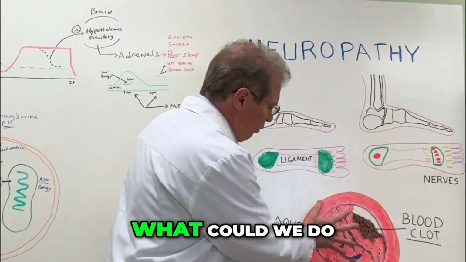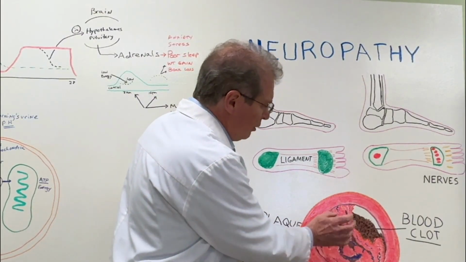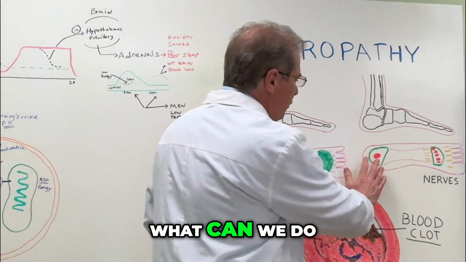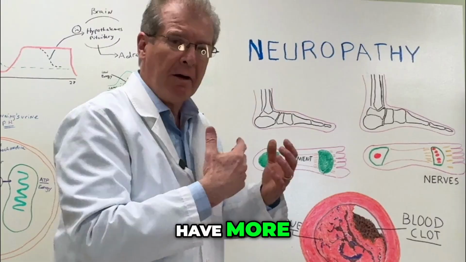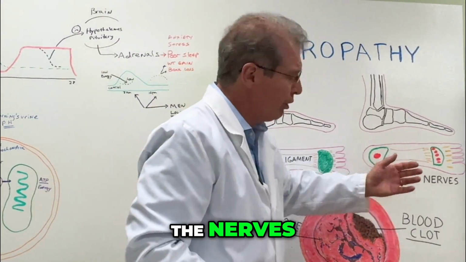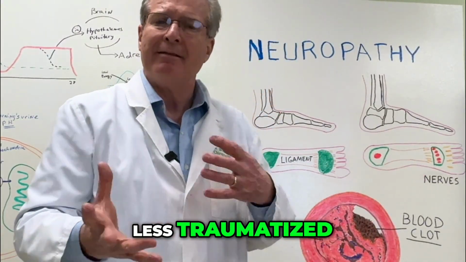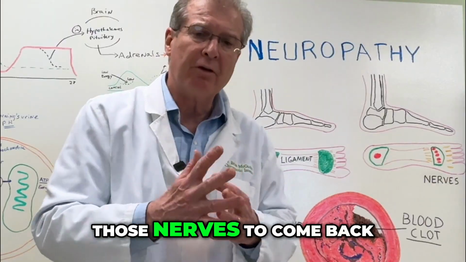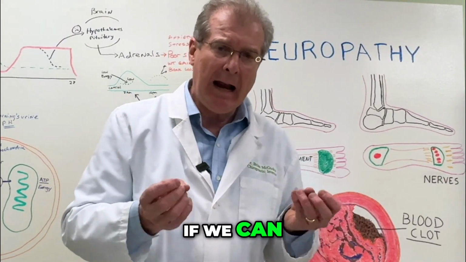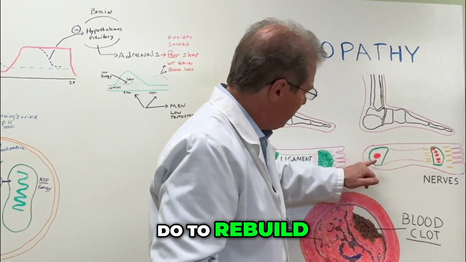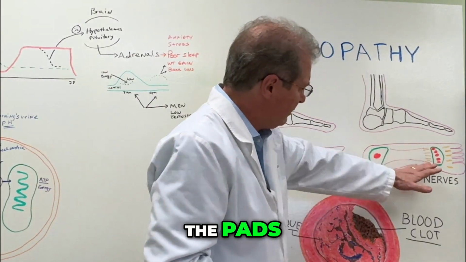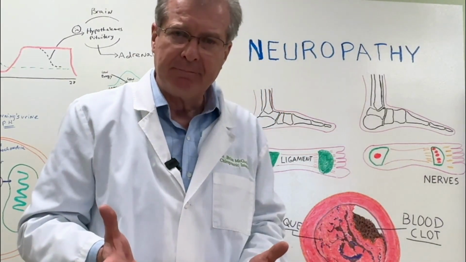So what we're after is, what could we do to improve blood flow? What can we do to repair the nerves so they have more blood flow going through the nerves, less traumatized, let them heal? How can we get those nerves to come back? And what can we do to rebuild the pads and protect them?